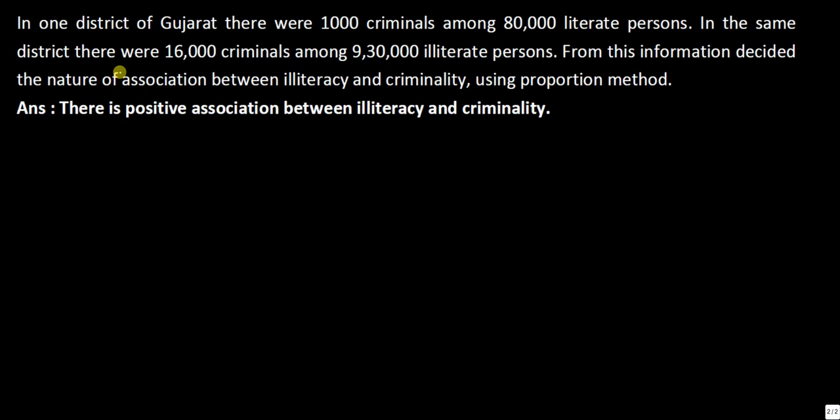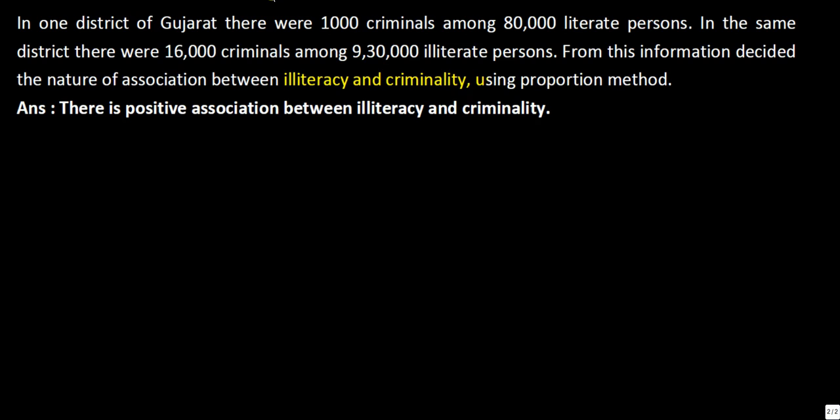In the same district, there were 16,000 criminals among 9,30,000 illiterate persons. From this information, decide the nature of association between literacy and criminality using the proportion method.